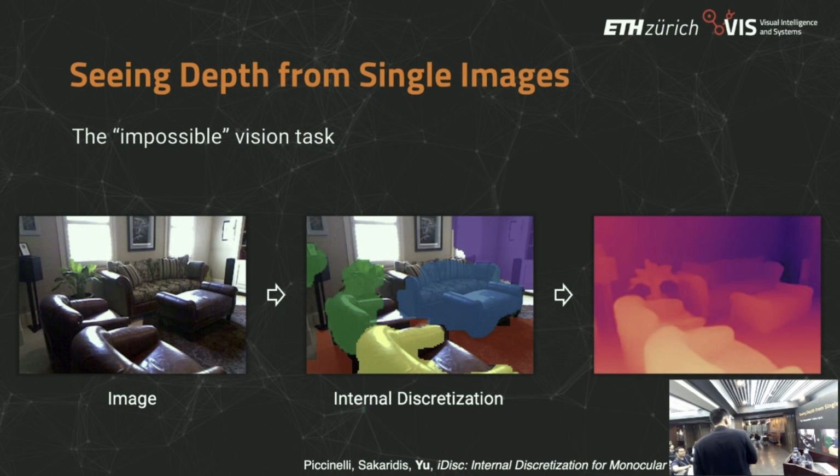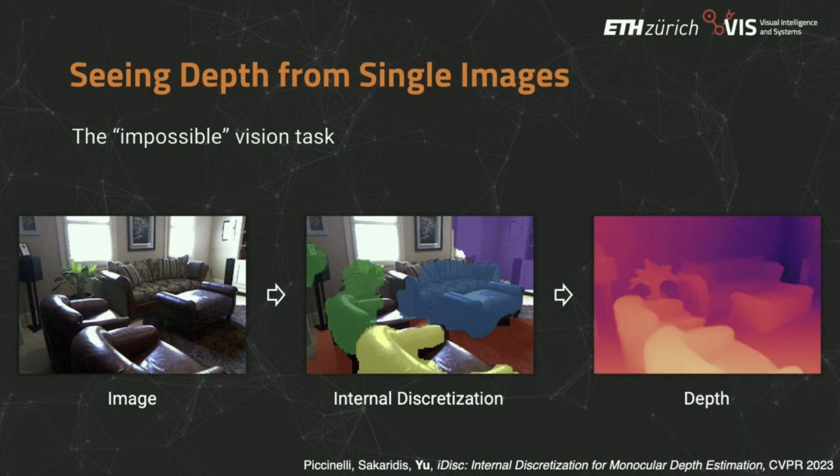Worth noting that when we do the grouping, we are not turning to any external supervision. We are not using object masks to supervise the grouping. We are learning the grouping in an unsupervised fashion. The goal is to learn the grouping such that it can predict better depth. And you can see that indeed the grouping makes sense and is reasonable.